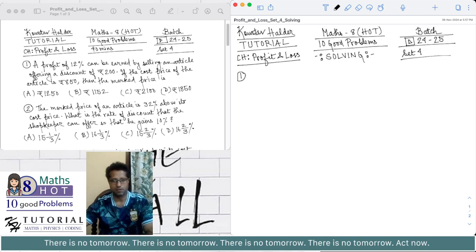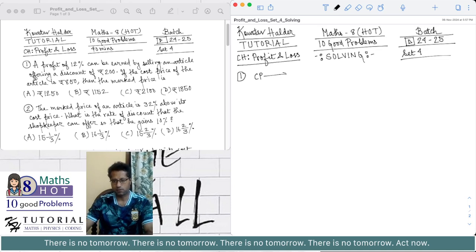The first problem says a profit of 12% can be earned by selling an article by offering a discount of rupees 200. If the cost price of the article is rupees 850, then the mark price is... It is asking about the mark price. So the scenario is we have the cost price.